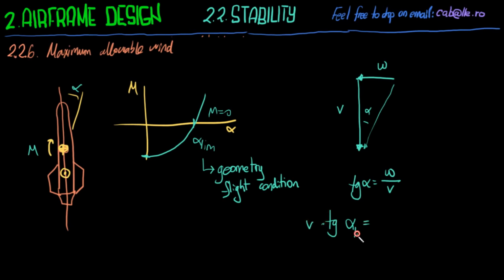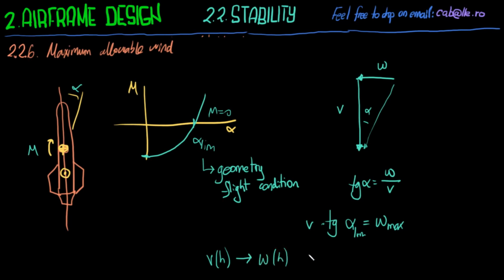If we put alpha limit here, we could know the maximum crosswind, or the crosswind that would cause the rocket to become unstable at a given flight velocity. If we found velocity in terms of height, if we did a trajectory simulation, we could then know the maximum allowable wind in function of the height.